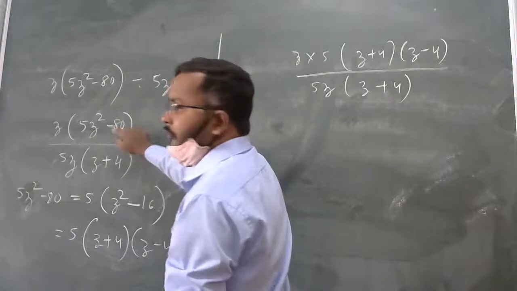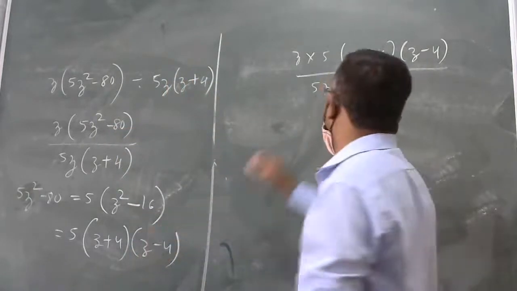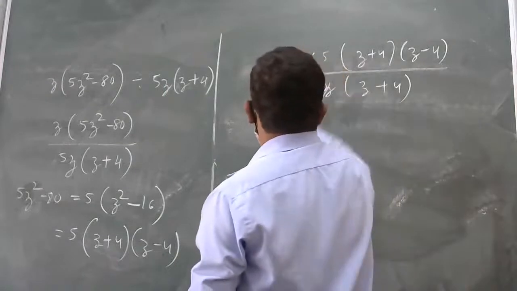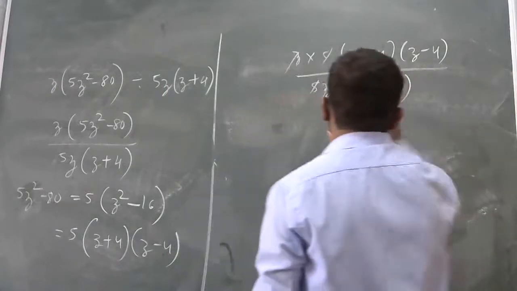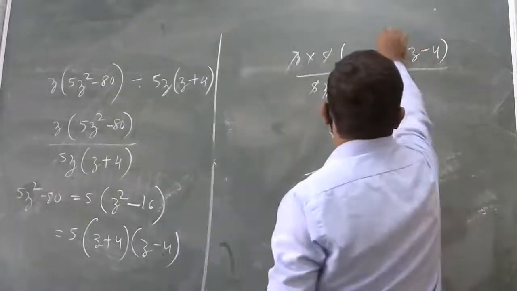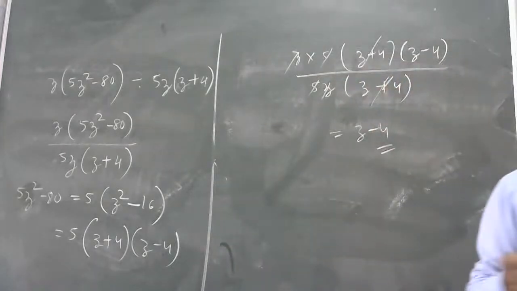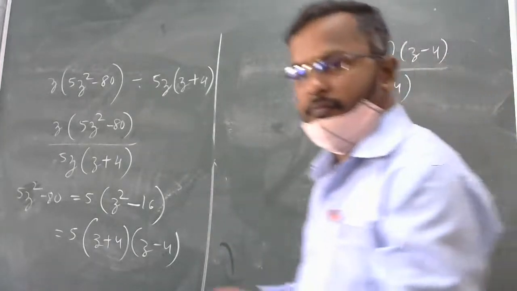So this term we are replacing by this term because on factorizing we got this. So now z will get cancelled, 5 will get cancelled, z plus 4, z plus 4 will get cancelled. z minus 4. So your answer will be z minus 4.